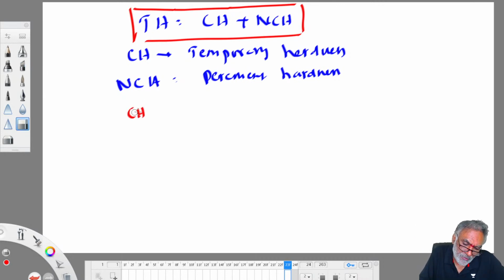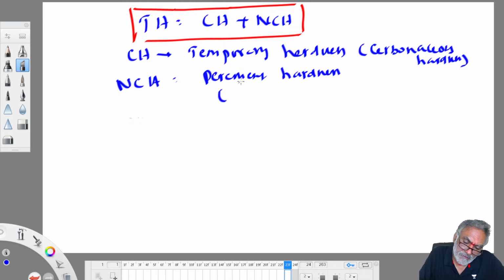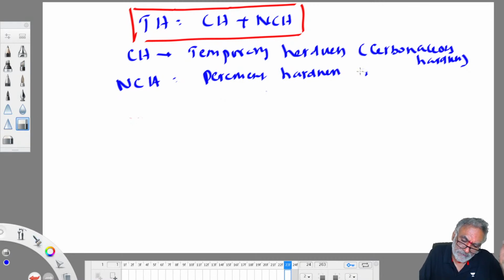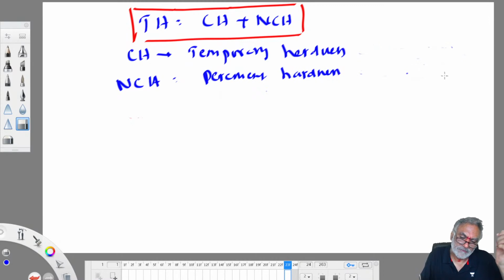CH stands for carbonaceous hardness, which is temporary hardness. NCH stands for permanent hardness, which is also known as non-carbonaceous hardness. Understood now?